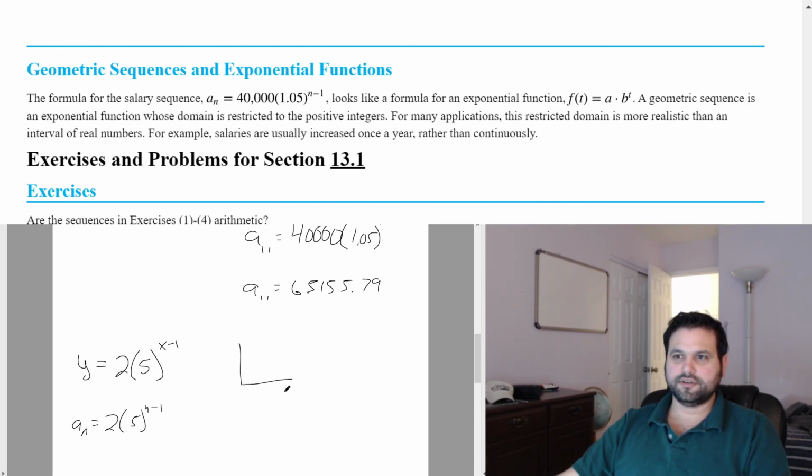Again, this one's going to look like that, smooth and continuous. This one's going to look like this, kind of discrete steps.